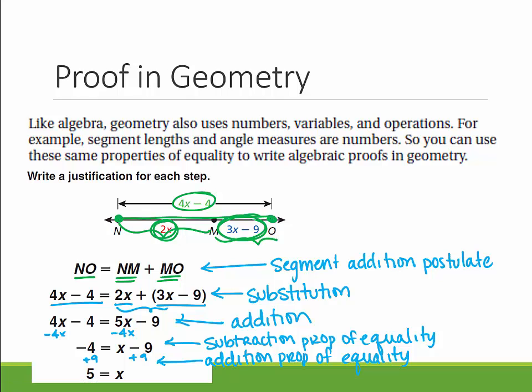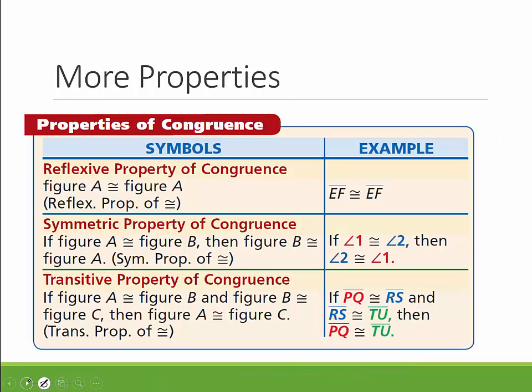We can also write this as x equals 5, just like we said it, and that would be the reflexive property. So using something that we just learned in geometry, we can still use these same algebraic steps to justify why we're allowed to do what we did.